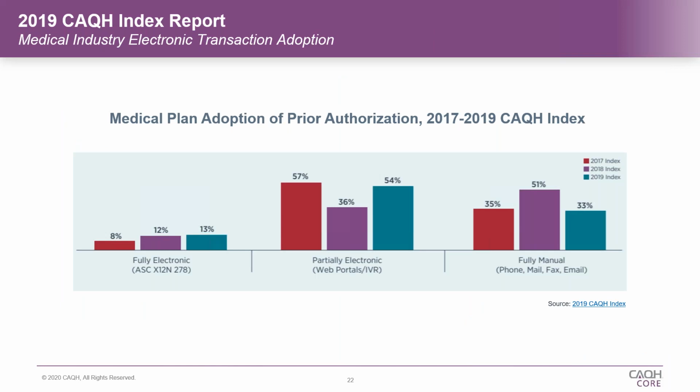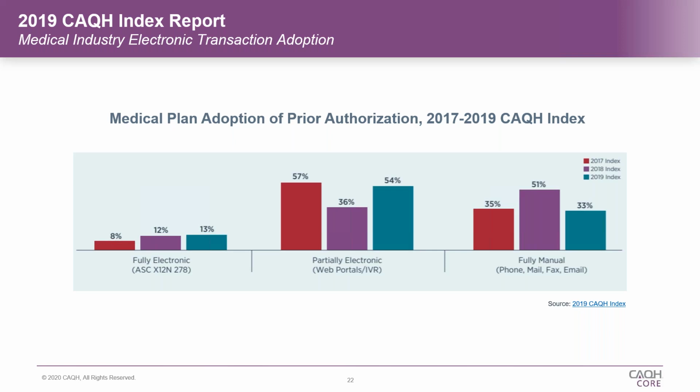As we lead into talking about the operating rules, I wanted to highlight the reason why we at CAQH CORE have been focusing on prior authorization. One reason is that, compared to all of the other transactions done within the industry, prior authorization is very much lagging in how it is conducted electronically.